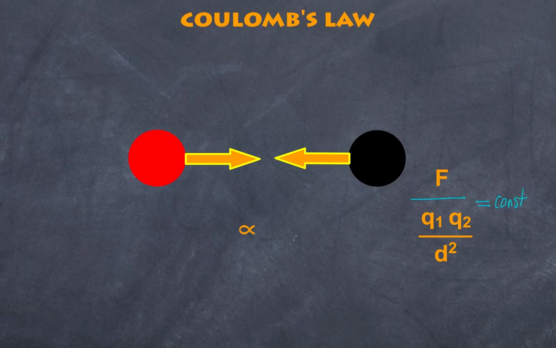Right? If anything is proportional in that sort of relationship, then if you do one side, the dependent variable, divided by the independent variable, which is on the other side of the proportionality symbol, then this would graph into a straight line. So this is F and this is Q1 Q2 over d squared. I would get a straight line, and of course, the slope is a constant.